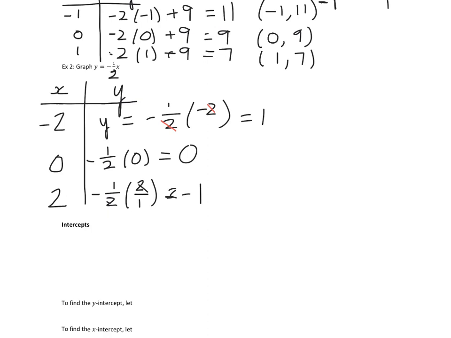Sorry, that's an equal sign, equals -1. All right, and then we can graph those ordered pairs. Our first ordered pair is -2, +1, then 0, 0, and then 2, -1. And then we connect our dots, and there's our line.